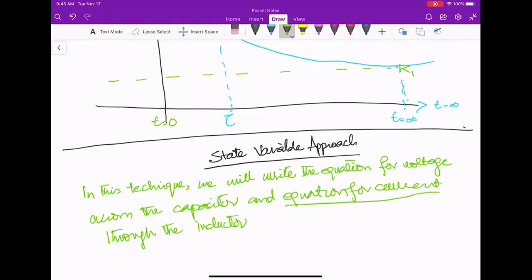So this thing is important: we write the equation for voltage across the capacitor and the equation for current through the inductor. What it means, we will know right now.